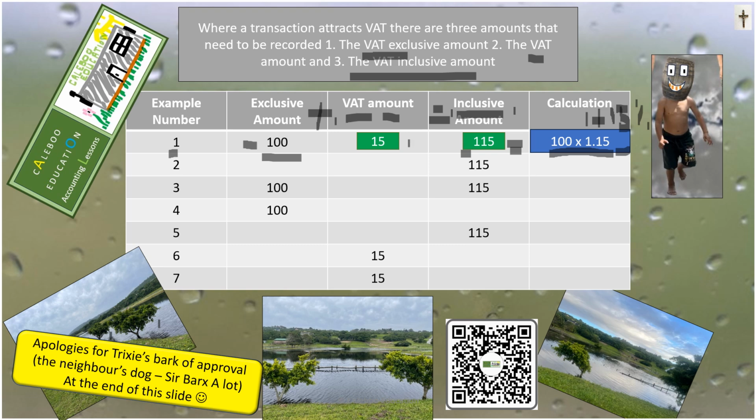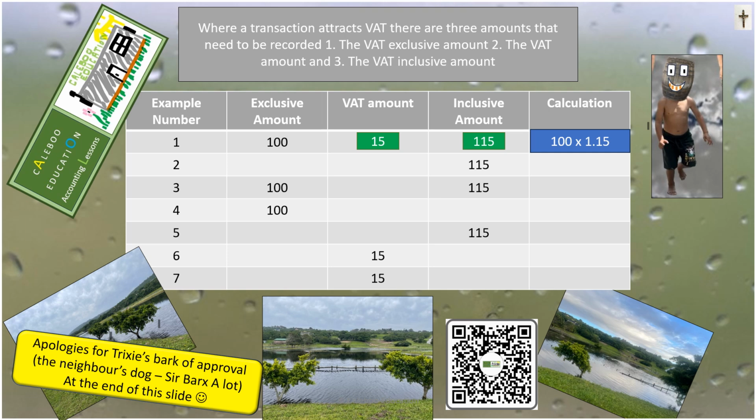Now in the second line, the second example, the amount that is given is 115. So now I have the VAT inclusive amount, and I need to work backwards. I've got 115.